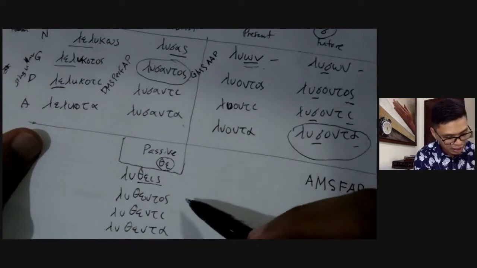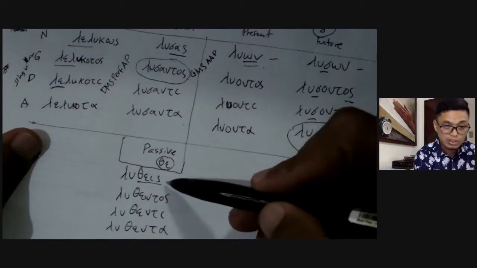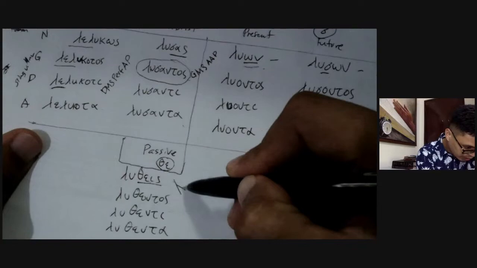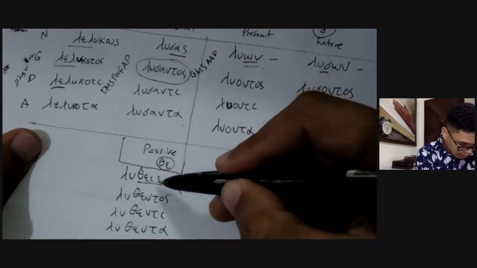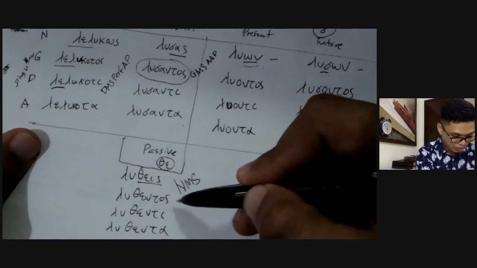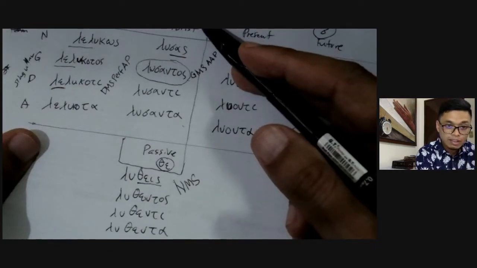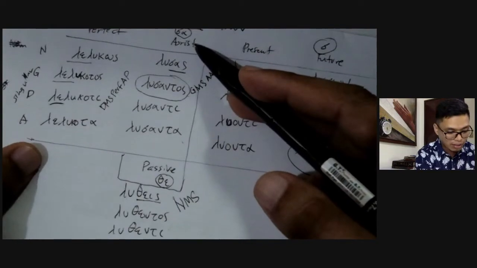So let's try parsing luthase. Immediately you see this special ending. You put there nominative, masculine, singular. This is nominative. This one is genitive. Nominative, masculine, singular. And then immediately you write aorist because they are the same. This one is sa, the active aorist.